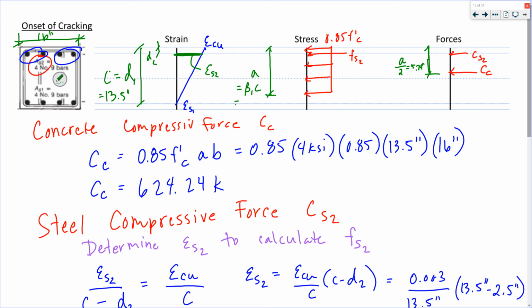A is 11.48 inches. If I divide that by 2 from the top, it is 5.74.